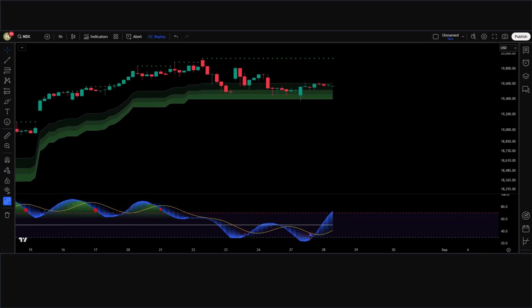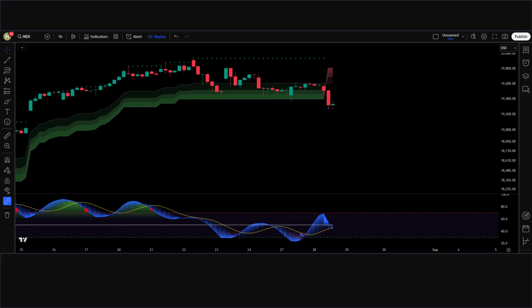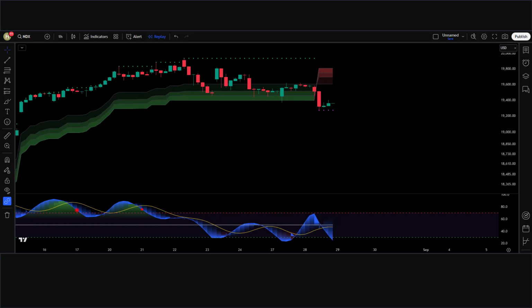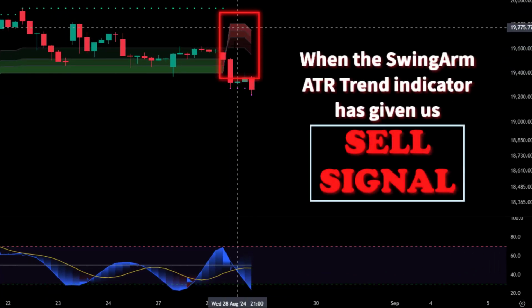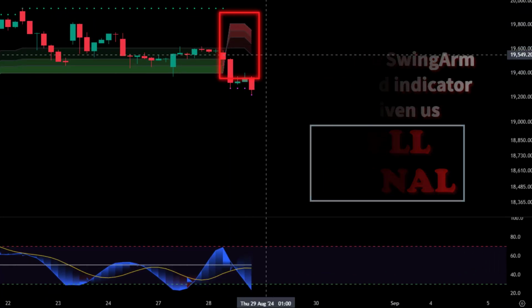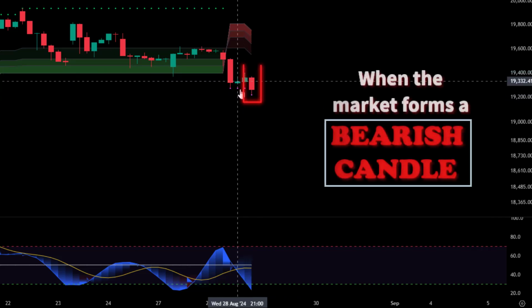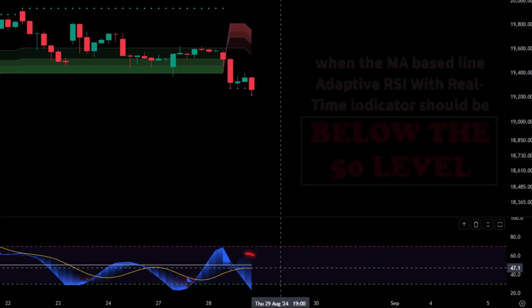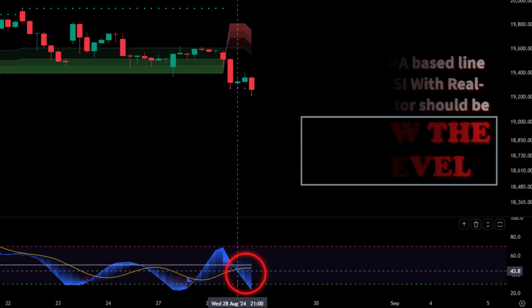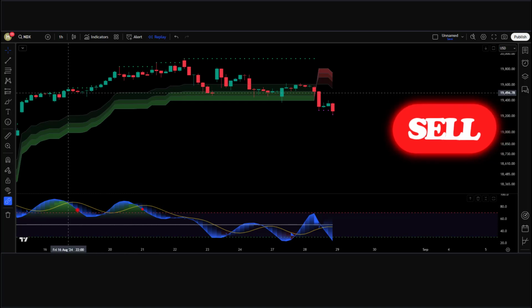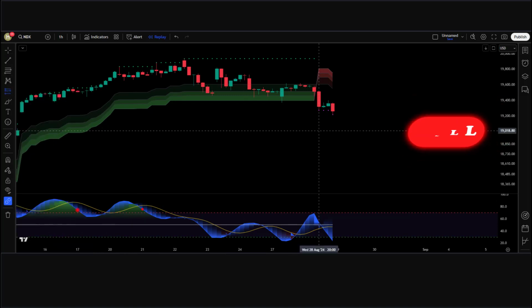Now, let's understand the concept where we will take buy and sell trades based on their conditions. When the SwingArm ATR Trend Indicator has given us sell signals, when the market has formed a bearish candle, when the MA-based line Adaptive RSI with real-time indicator should be below the 50 level. If this condition is fulfilled, then we will place sell order.